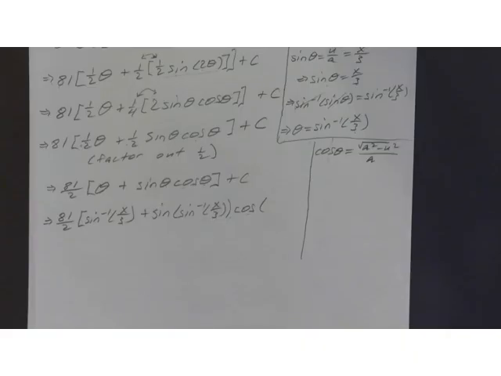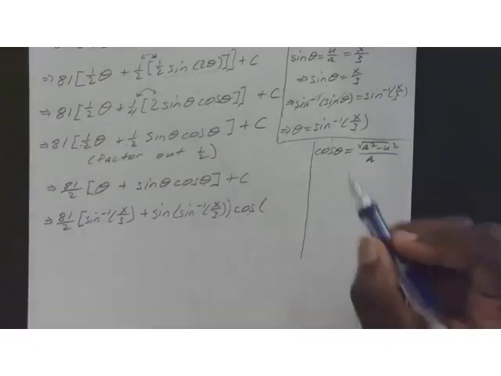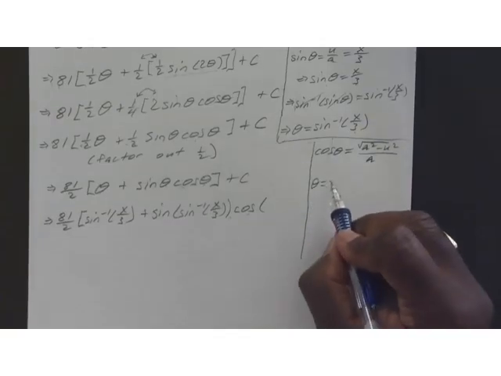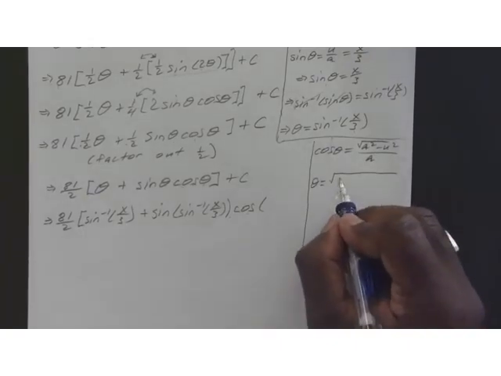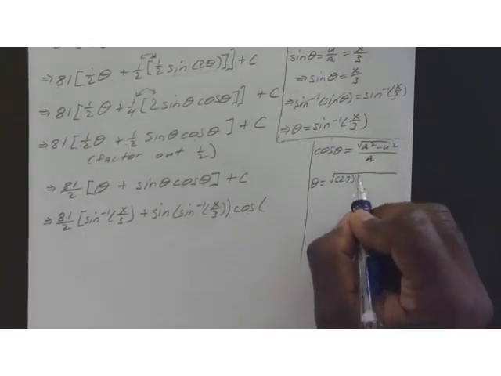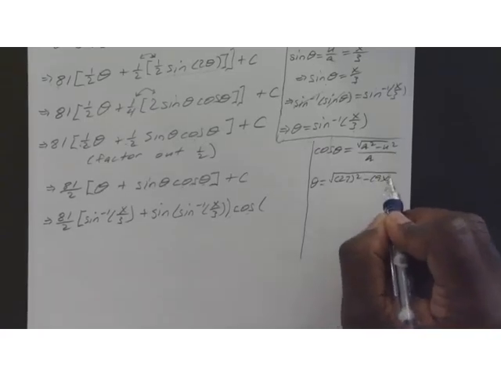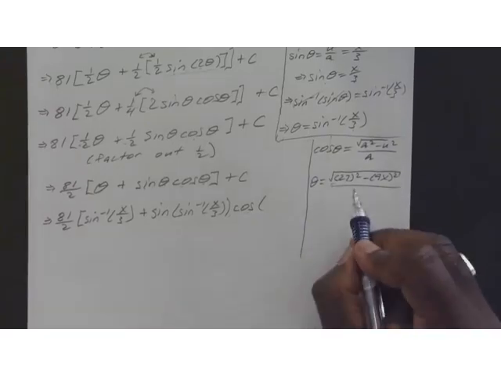So if we apply cosine inverse to both sides, just like we did up here, the cosine inverse and cosine would cancel out. So we know that theta would equal the square root of a squared, which is 27 squared, minus u squared, that's minus 9x squared, divided by a, which is 27.